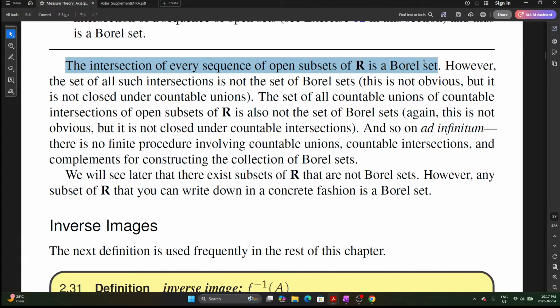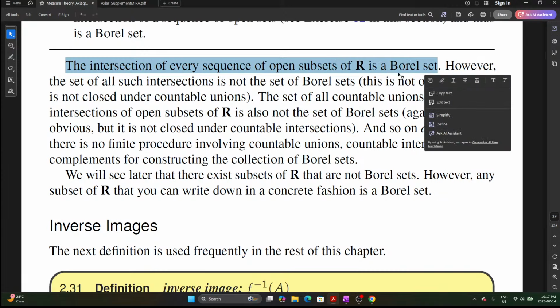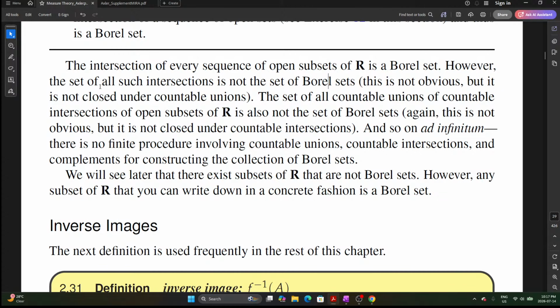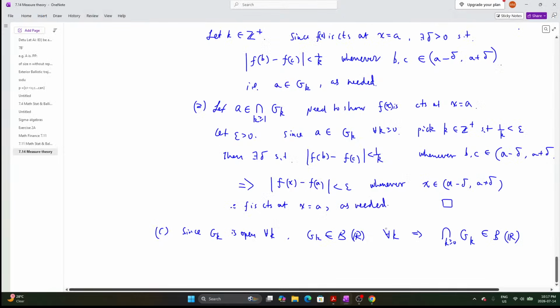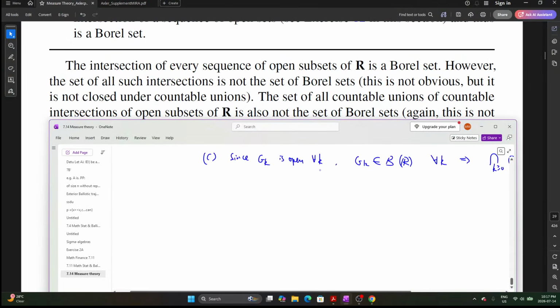That's obvious. However, the set of all such intersections is not the set of Borel sets. So what it is saying is that, let me just put that down. Fact.